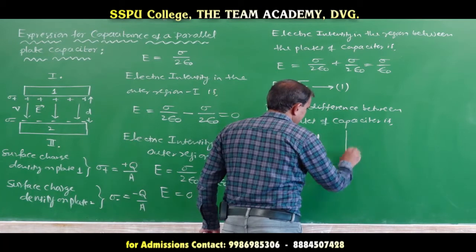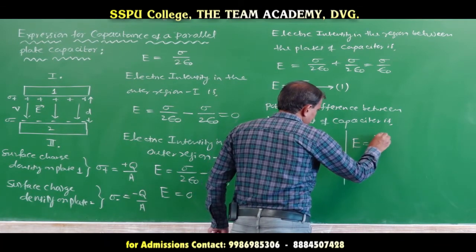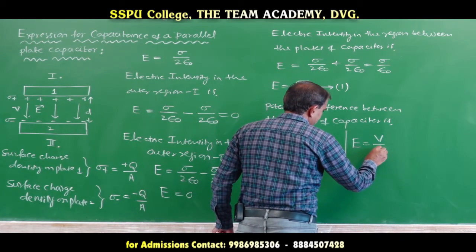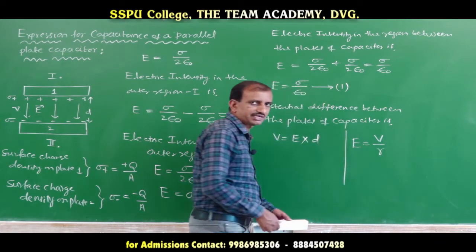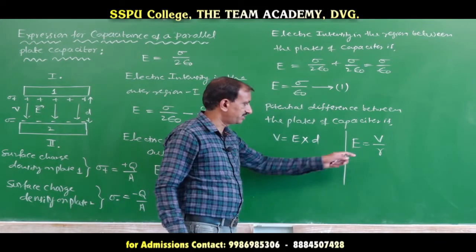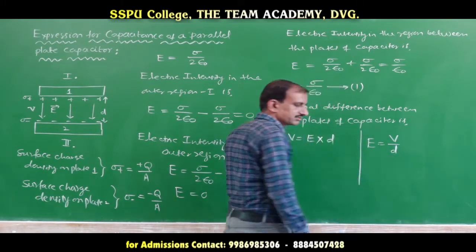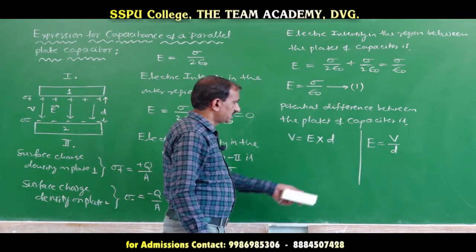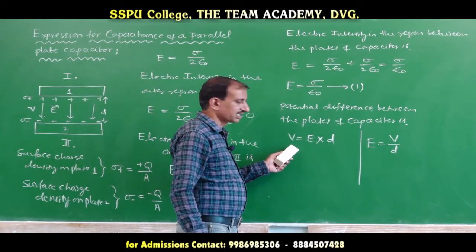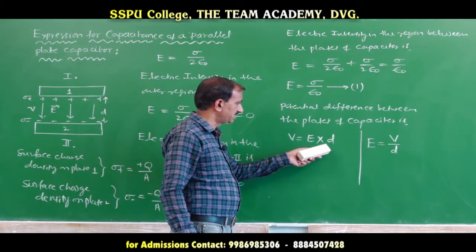We know that E is equal to dV by dr, or simply it can be written as V by D here. Therefore the electric potential difference is equal to E into D.